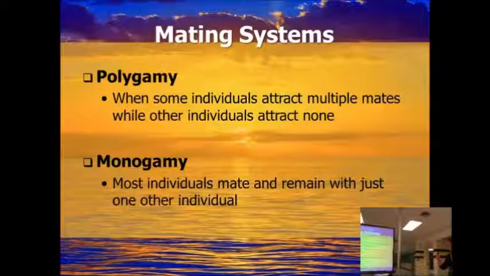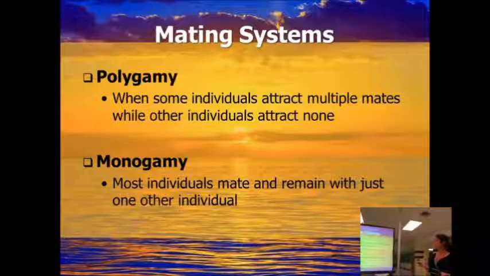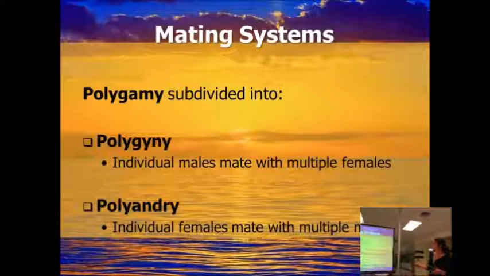In looking at the difference between mating systems, we have polygamy, which is where some of the individuals attract multiple mates. I don't know why sister wives always comes to my mind. Or other individuals attract none. And then monogamy is where individuals, a male and a female, mate and then remain with just one other individual for their entire mating time.